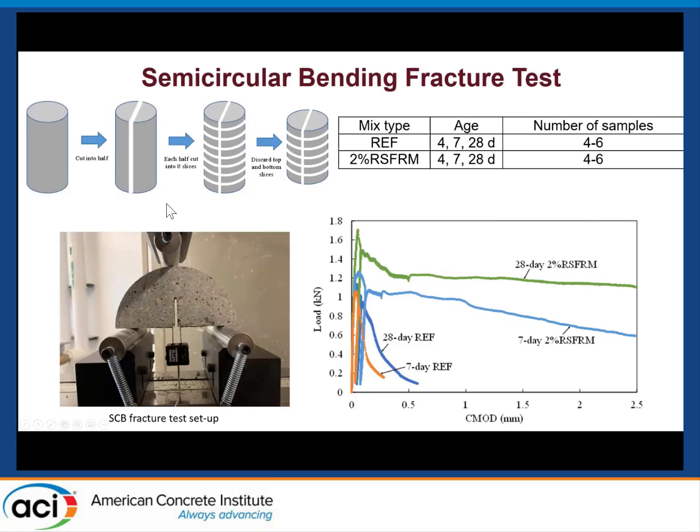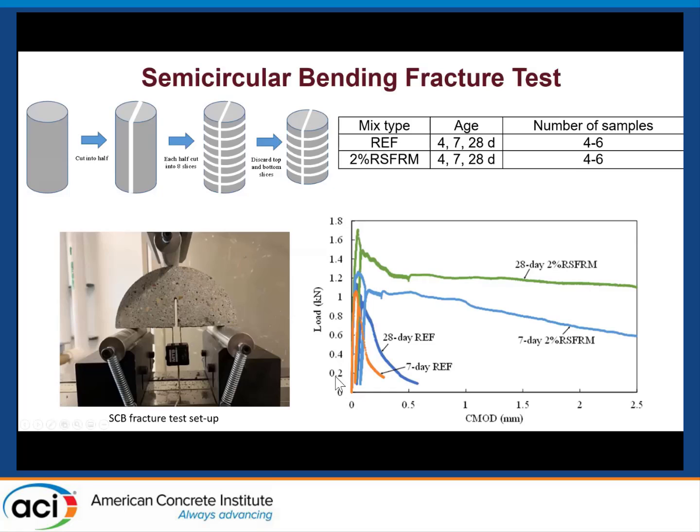To make our SCB specimens, I only need one 6x12-inch cylinder specimen. Then I can make 12 SCB specimens out of the one cylinder specimen. The initial notch size I used was 36 millimeters, which is half of the SCB radius. And the testing procedure is just the same as the unloading-reloading method using the beam specimen.